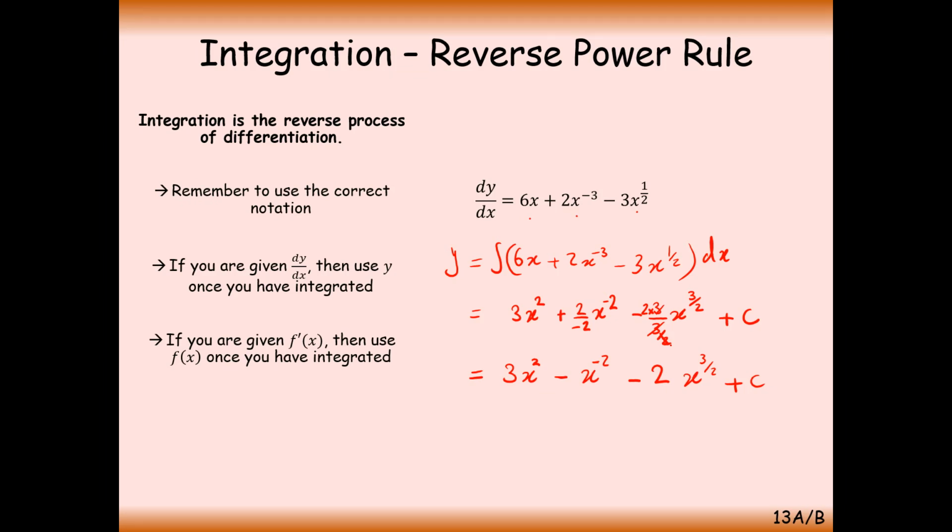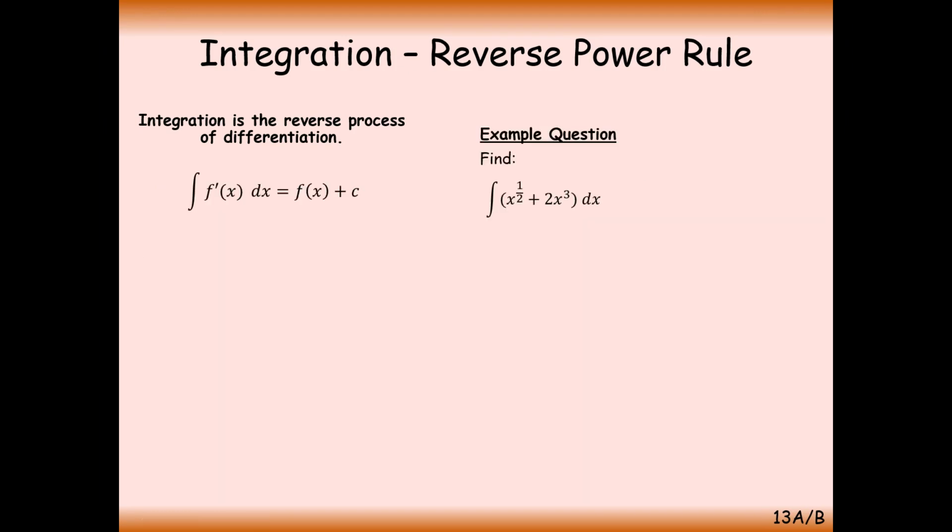Okay? So let's look at another example. In this example, we integrate two terms. First you're going to add 1 to the power of half, so you get x to the power of 3 over 2. But dividing by 3 over 2 is the same as multiplying by 2 over 3.